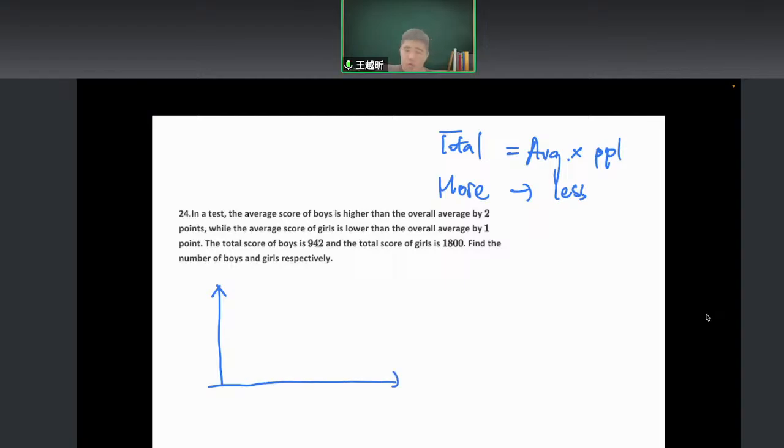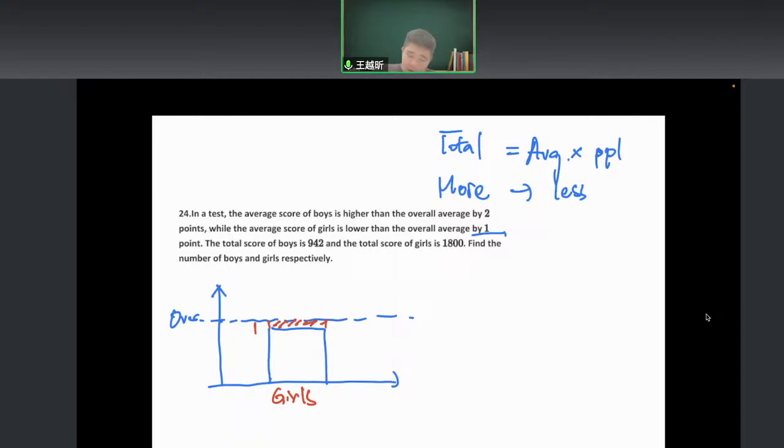We'll use a rectangle graph. Let's say this is the overall average, and the girls are lower than the overall by 1 mark. This is 1 mark, this is the girls.